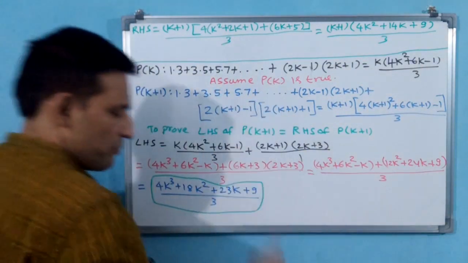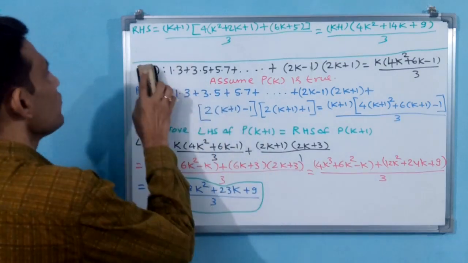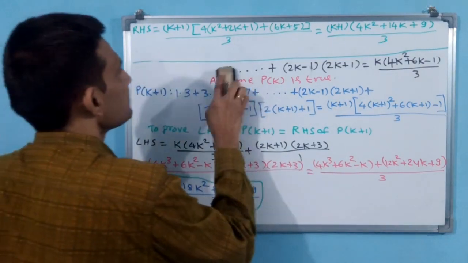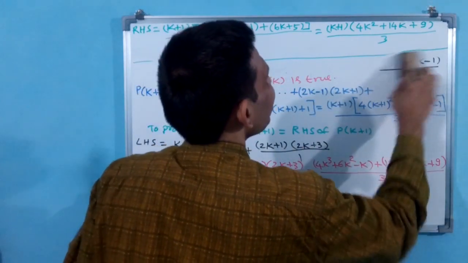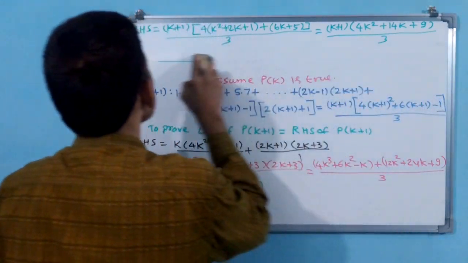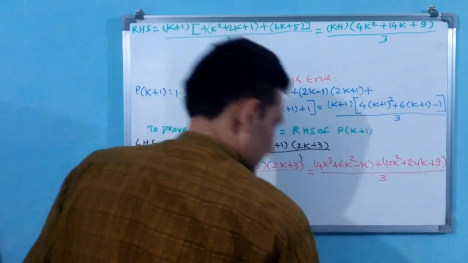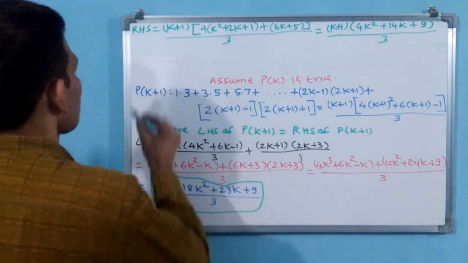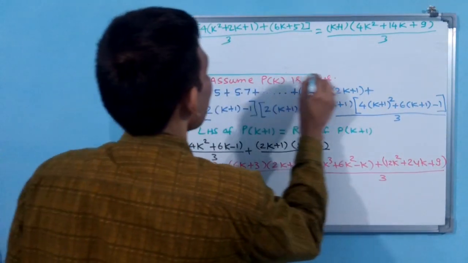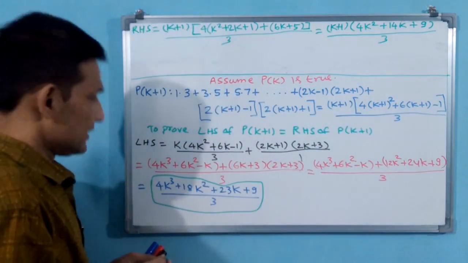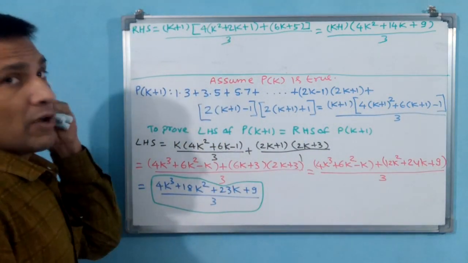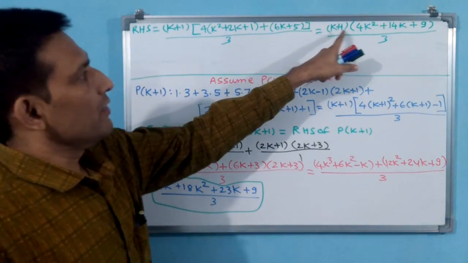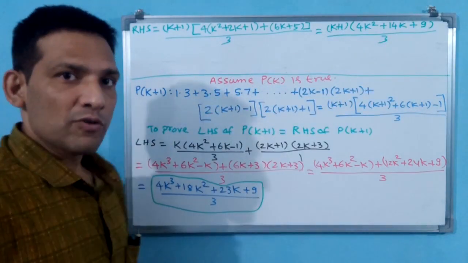I think I have to remove pk also. Let me remove pk. Now what we have to do? With k with 1, we have to multiply.